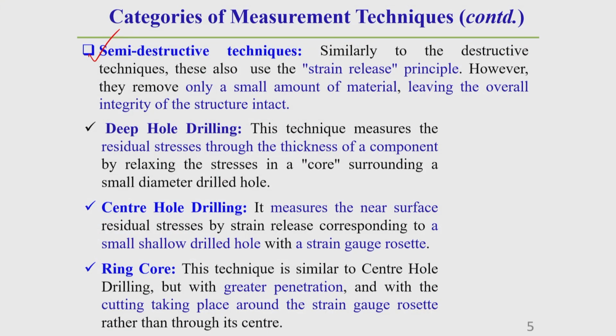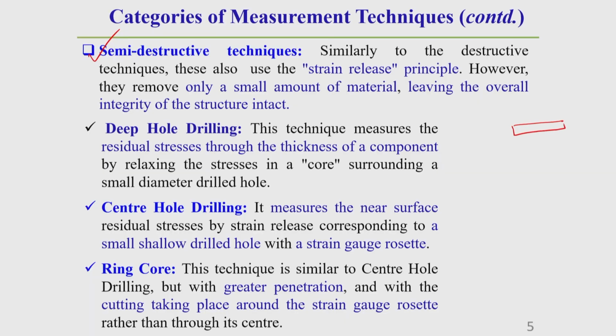That means structural integrity remains as it is, because only a small amount of material is removed. That means here we can reuse that structure. But the principle of this measuring technique is similar to the destructive type of residual stress measurement technique. That means here also we use the strain release principle.